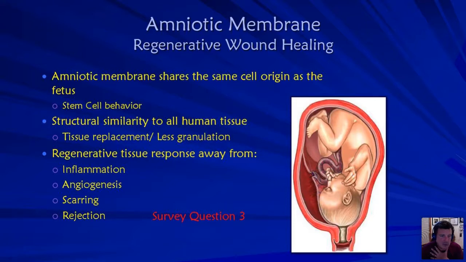And so the question I like to ask is, where does this membrane come from? Do these guys that do amniotic membranes just kind of hang out at the hospital watching for pregnant ladies to walk in and saying, hey, looks like you're going to have a baby sometime soon. Mind if we give you $50 for your placenta? Because I'd really like to have your amniotic membrane. That's not how it happens.